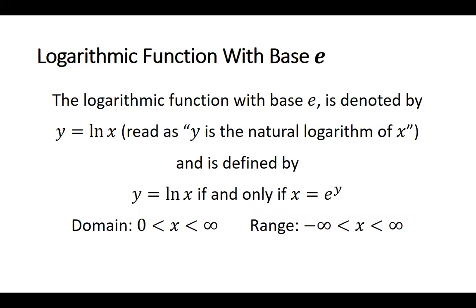So the natural log of x is the inverse of the exponential function e to the y. Anytime you see ln of something, it's saying take the natural log. It's basically log base e of x. So your base is e. The domain is from 0 to infinity exclusive and the range is from negative infinity to positive infinity.